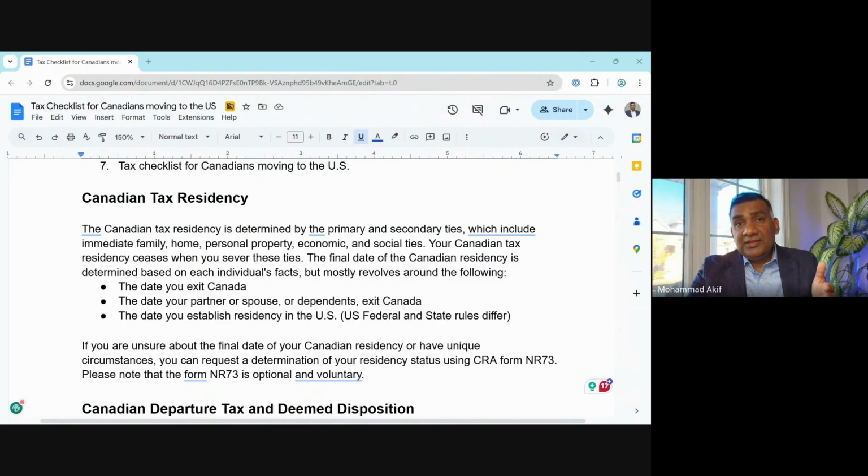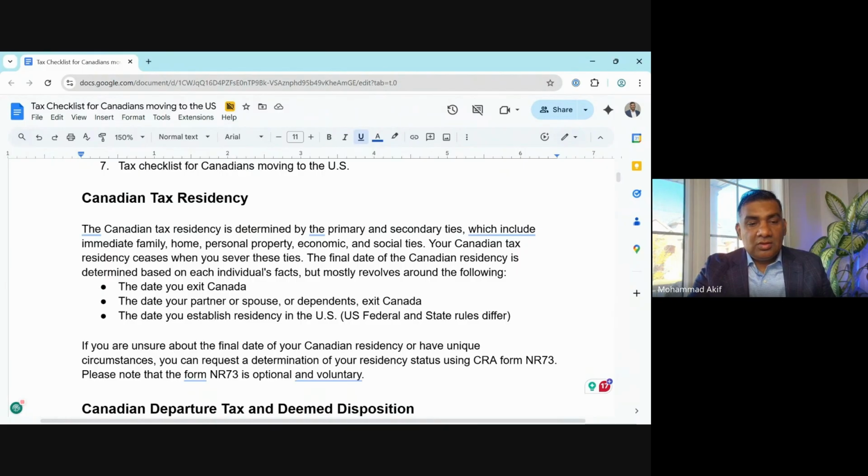If you're still tied to Canada, even though you have left and your family stayed back, of course, the CRA has the right to tax you on your worldwide income. That means, in some cases, the majority of cases, additional taxes. Your US taxes are going to be lower. There are some exceptions in some states and cities where we have a lot more taxes, but those are exceptions. Majority of the time, that's not the case.